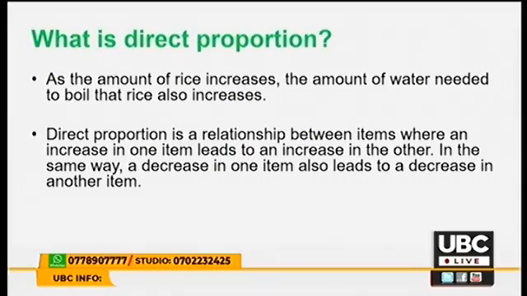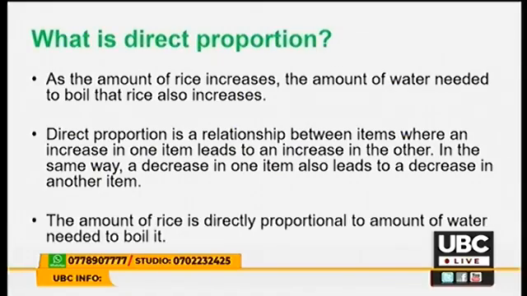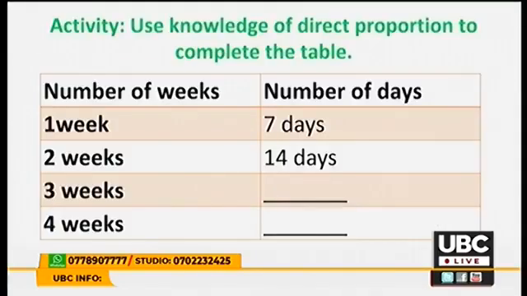In the same way, we have noted that a decrease in one item also leads to a decrease in another item. And that is what we call direct proportion. So using our example of the rice, the amount of rice is directly proportional to the amount of water needed to boil it. The moment you increase the rice, you have to increase the water in the same proportion.